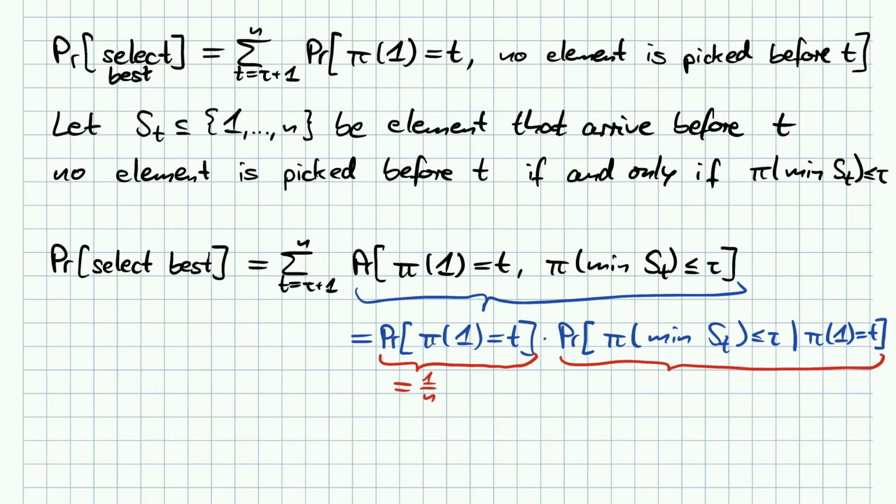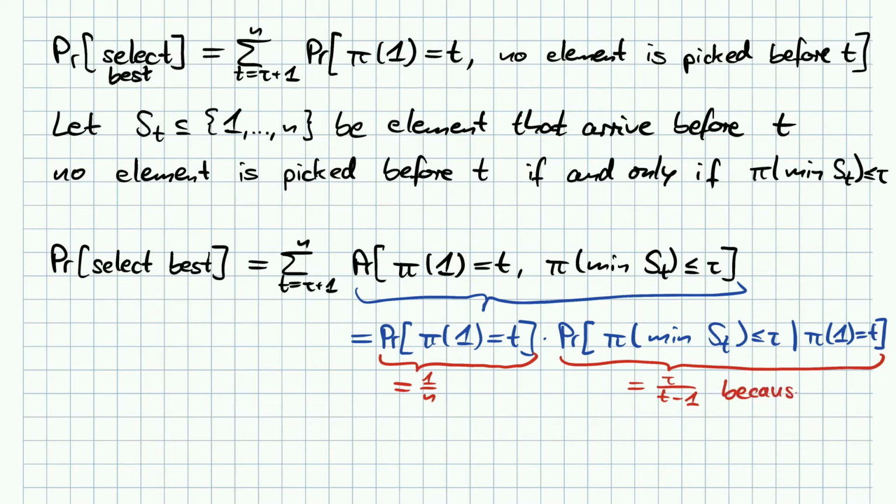Out of the other n-1 candidates, t-1 will arrive before time t, and this set will be just a uniformly drawn subset of these. And then we have one minimum of these, and this minimum has to arrive until time tau. This is why this probability will be equal to tau over t-1.